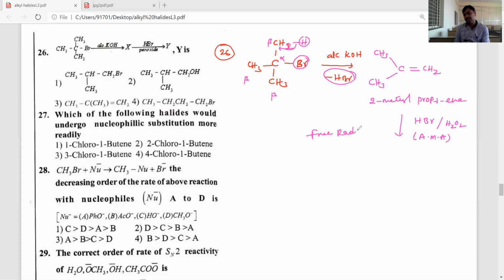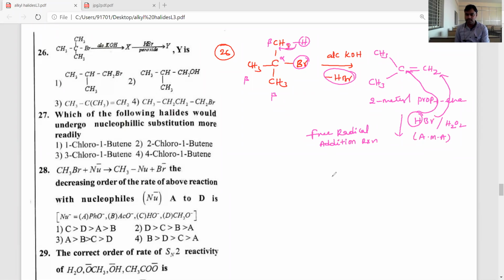According to the Markovnikov rule, hydrogen is added at the other carbon. According to the anti-Markovnikov rule, the hydrogen atom is added at the double-bonded carbon with fewer hydrogens, and the bromide ion is added at the double-bonded carbon with more hydrogens.